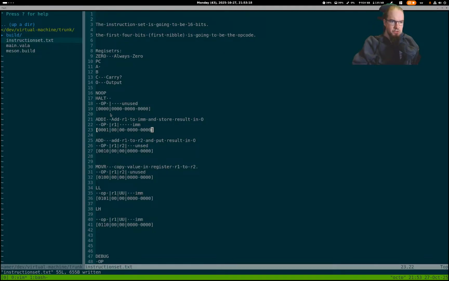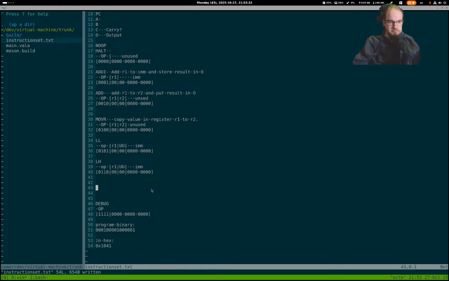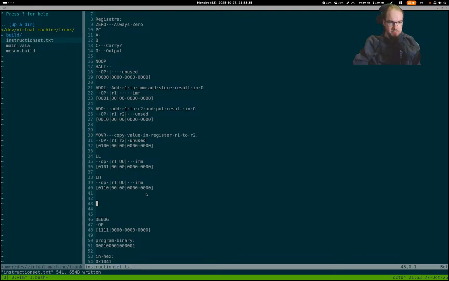Well, I thought I could do this smartly, but it seems I couldn't. I'll have to figure it out later. Doesn't really matter. It isn't real hardware again. So load high: immediate, unused.